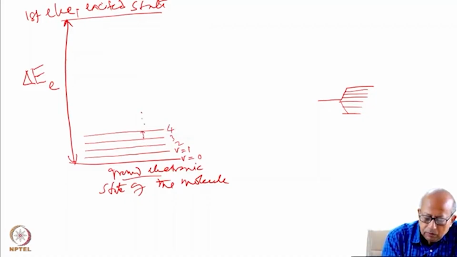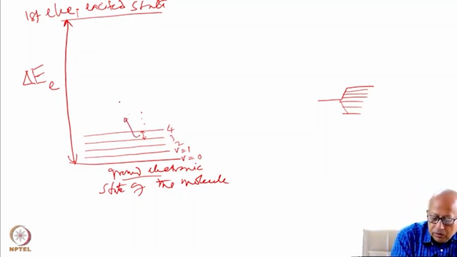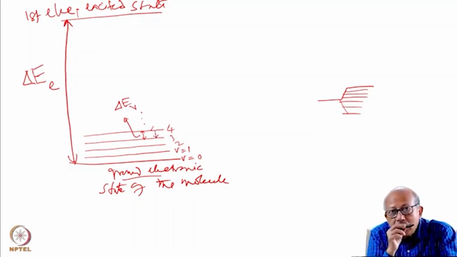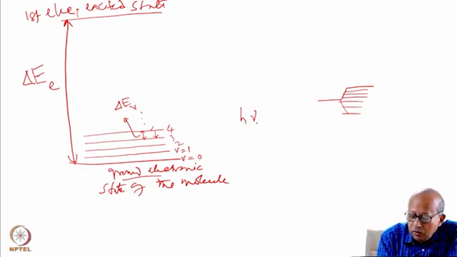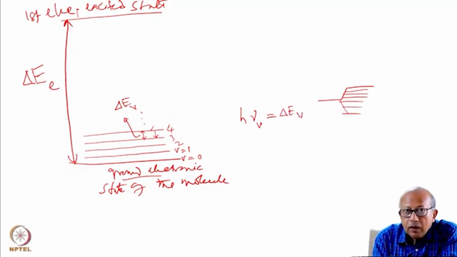This energy difference we call delta E V. So the transition from this to this will emit light of frequency, say, nu. h nu V is the vibrational transition, which will be equal to the energy spacing between these two levels, delta E V. And therefore the frequency will be equal to delta E V by h.